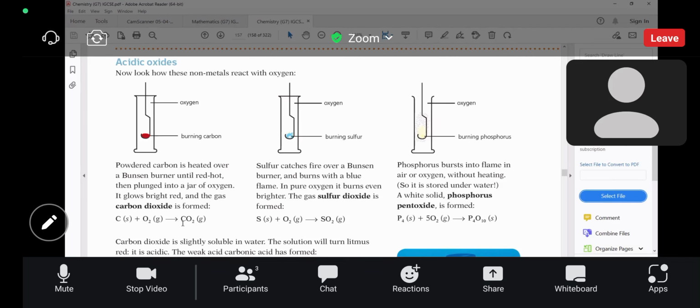Carbon dioxide is acidic. Likewise, when carbon is heated with oxygen, it glows with bright red color. Magnesium produces white fume.